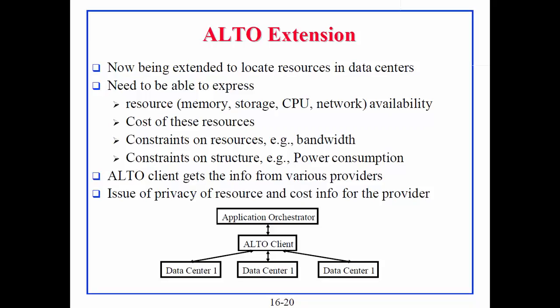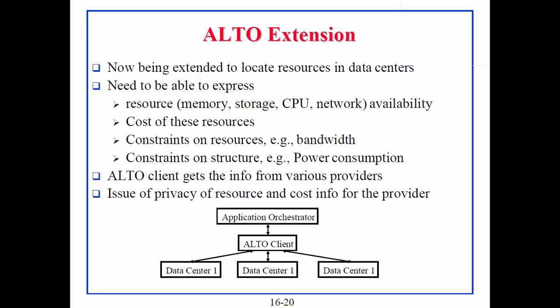It can also find out the cost of resources, just like it could find out the cost of a provider. It can provide information on constraints on resources. Maybe you have only so much bandwidth available at a particular data center, as well as constraints on structure such as power consumption.